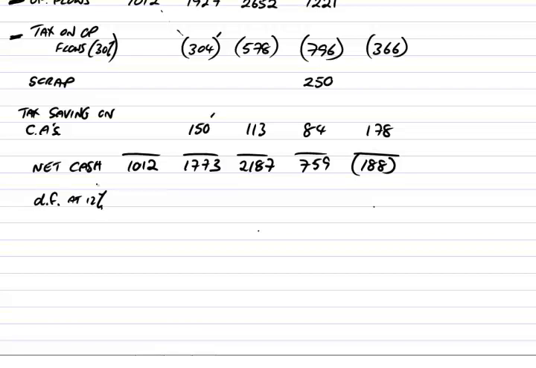Well, now, it really should be just speed on the arithmetic. I shouldn't need to talk through it, but the discount factors at 12%, 0.893, 0.797, 0.712.